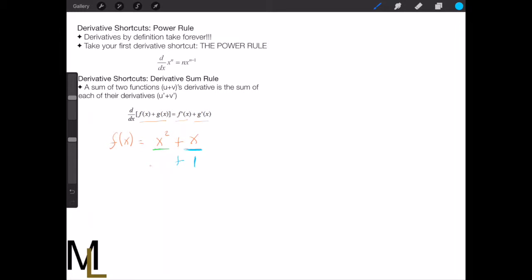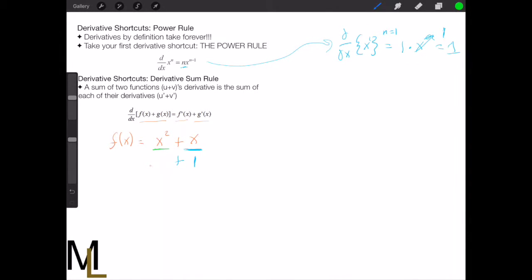The reason the derivative of x is 1 is if we take the power rule, we say d of x to the first equals, so n equals 1, and then we get 1 times, following this formula, x to the 0. x to the 0 is 1, don't forget that.